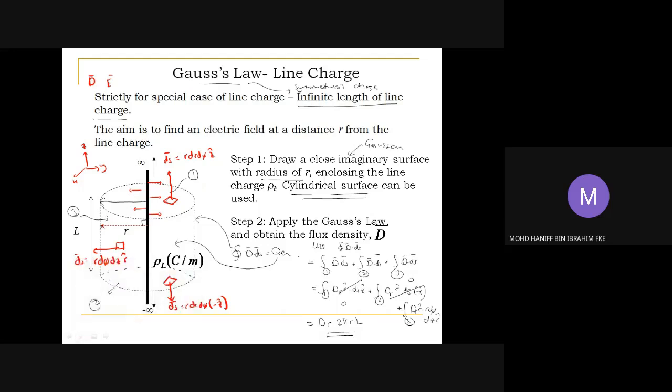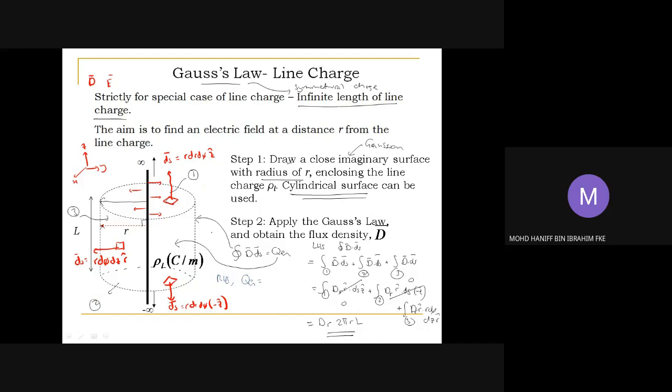For the right-hand side, which is the enclosed charge, the enclosed charge is the charge inside the Gaussian surface. Based on this diagram, can I ask Sharik Faisal?